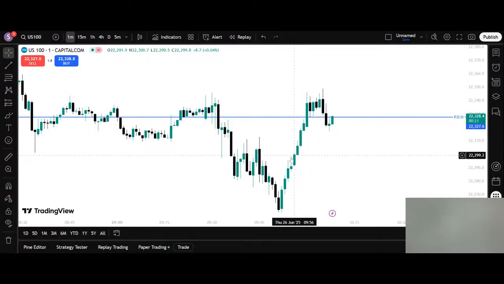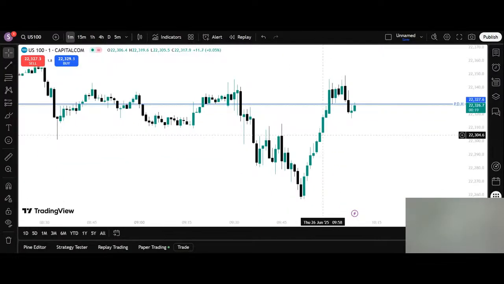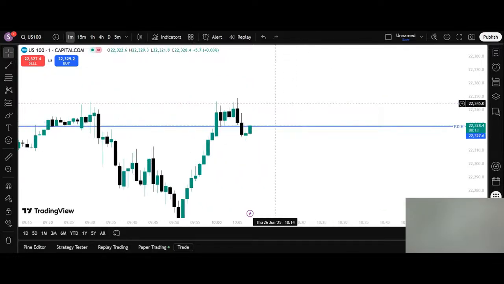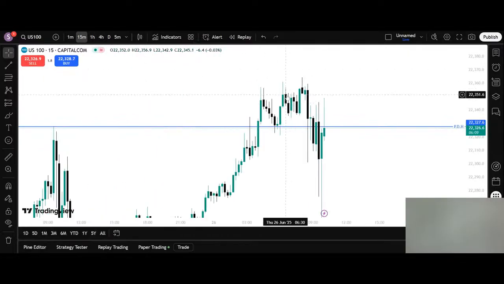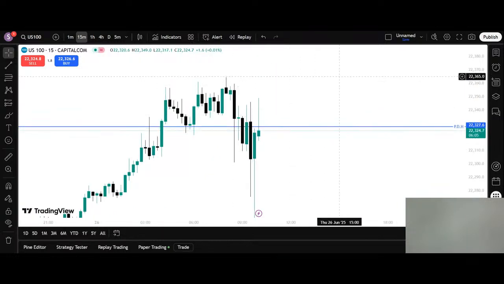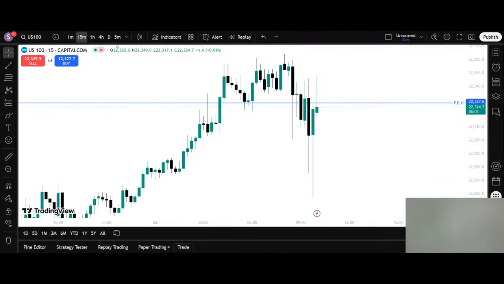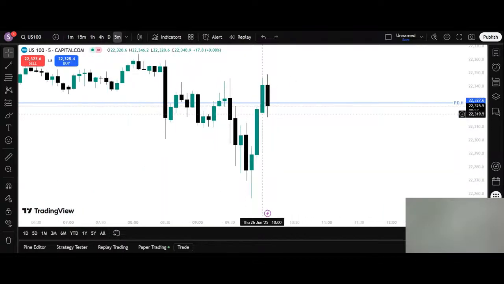Okay, it might take long still. In this bullish FVG, it might tap into it. Maybe we can get a short trade over here, 1:1. Maybe. Let's see. Maybe we don't get a trade at all.